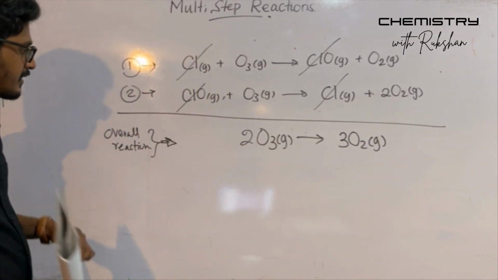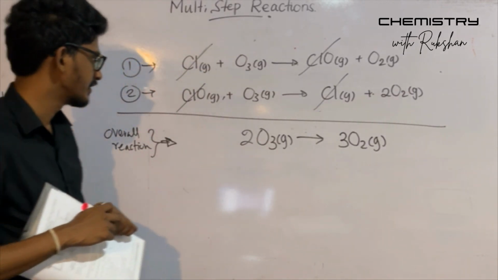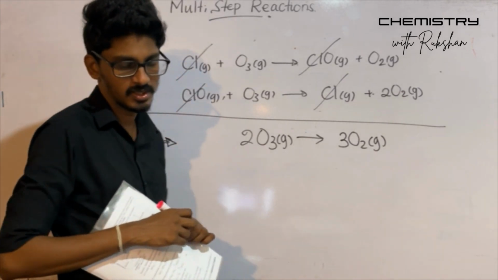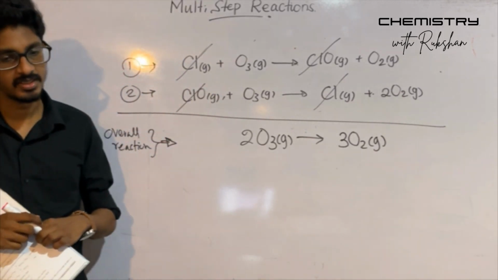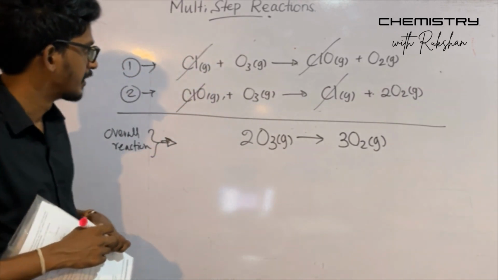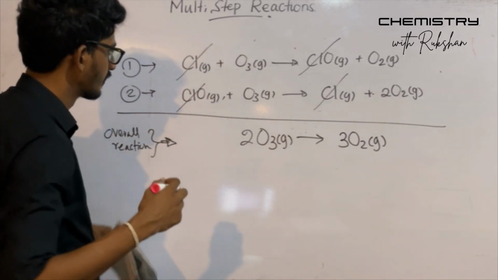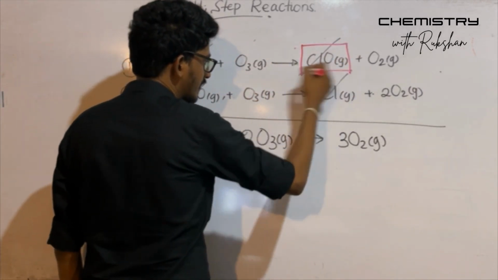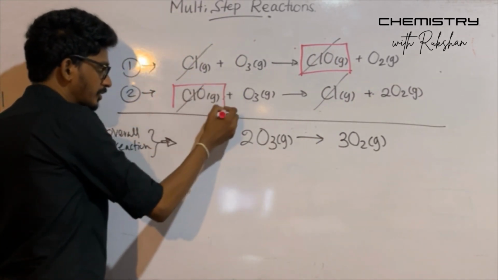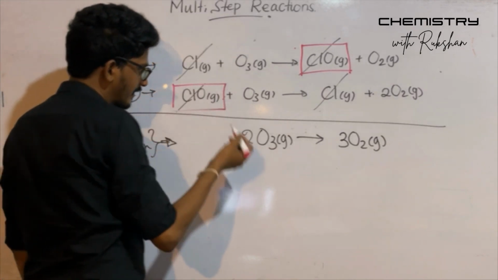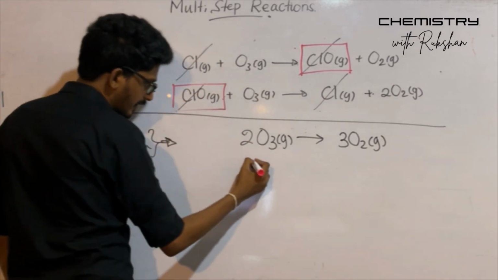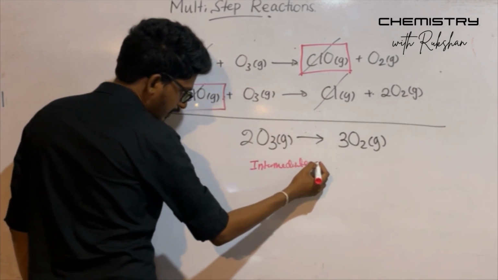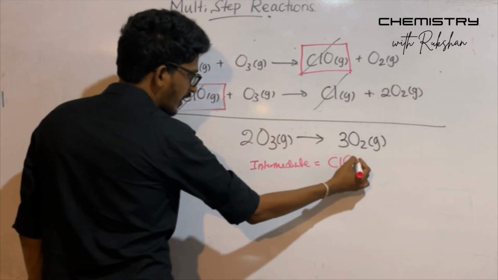Let's try to come up with the intermediates and the catalysts here. What are the intermediates? First they should be produced and then only they will be consumed. Produced first and then consumed. So such a species is ClO gas, first produced, then consumed. So your intermediate is ClO gas.